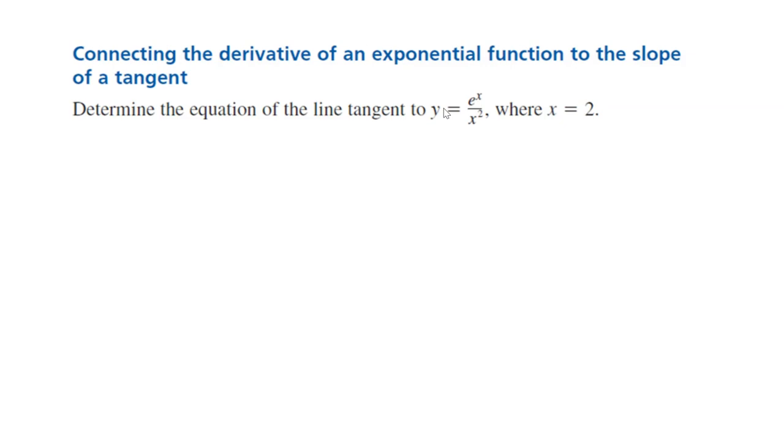So we've done this kind of thing before, not with exponential functions. We've done this before where we had a function, and we had to find the equation of its tangent line at a particular point. A line that just touches the function at that point has a slope and a y-intercept, and we can put it into a y equals mx plus b type format.